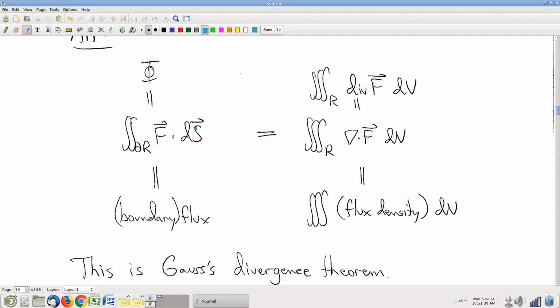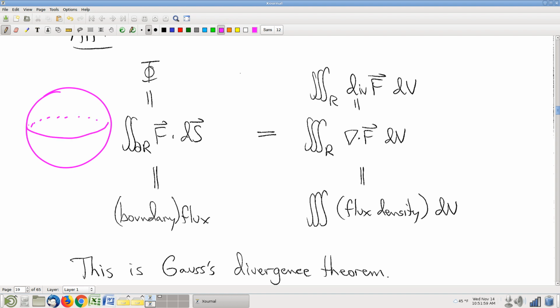I was about to ask, typically if there's flux through a surface, I know a lot of the times it's zero. So how would this not end up equaling zero? Oh, sure. I'll just draw a quick picture here. Maybe our surface is a ball, like that.